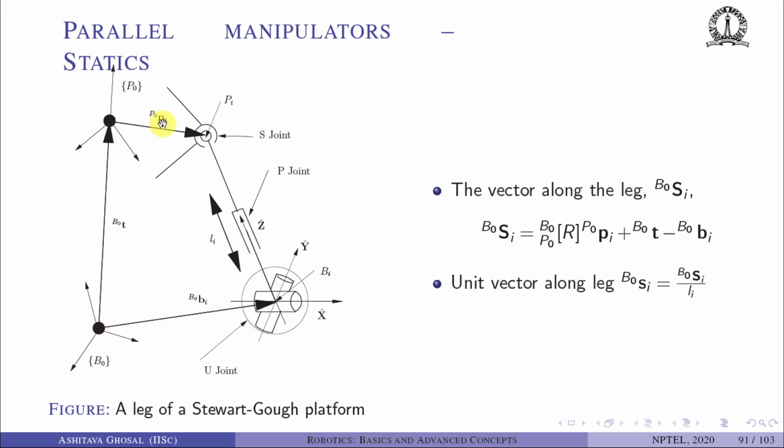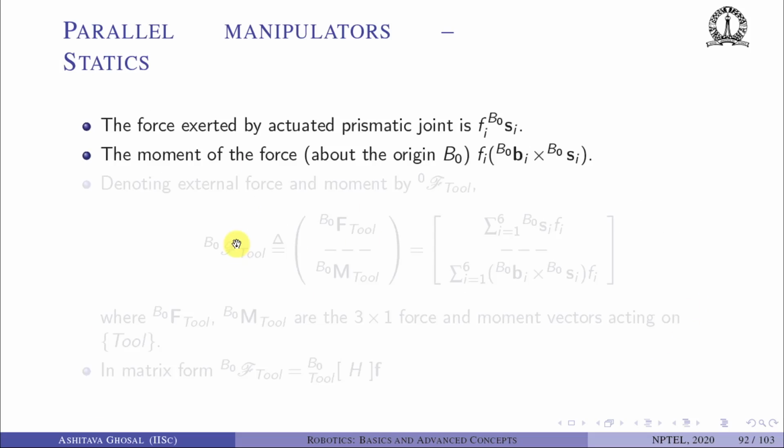B0T plus B0P_i rotated back into the base coordinate system, in the B0 coordinate system, minus this, will give this vector. The unit vector along this leg is nothing but this vector divided by L_i, because the magnitude of this vector is the translation at the prismatic joint.